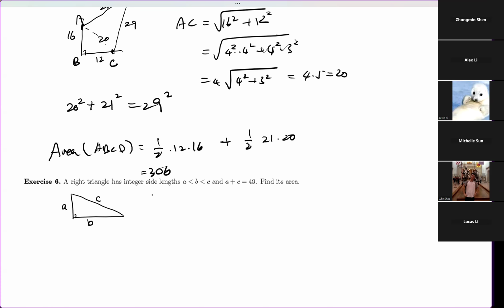But we have this equation: a squared plus b squared equals c squared. So b squared equals c squared minus a squared, which is c plus a times c minus a.